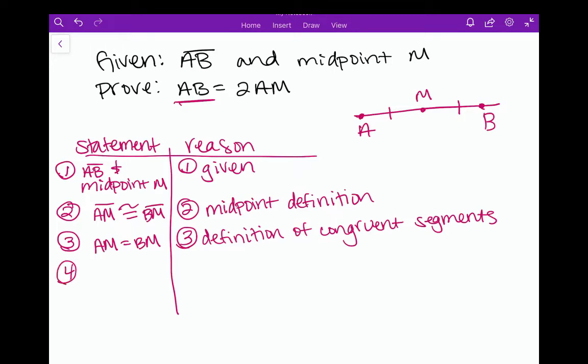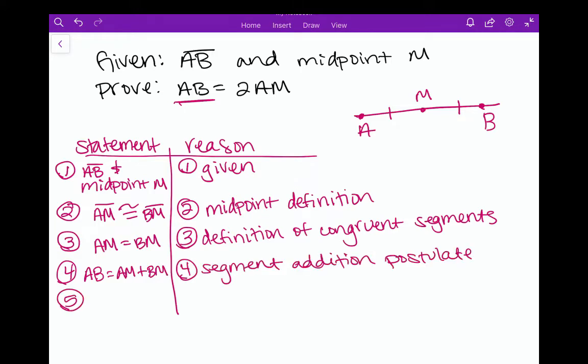Now, we also know that the distance of AB is equal to the distance of AM plus the distance of BM. That is the segment addition postulate. Now, if AM equals BM, then I can substitute one for the other. I'm trying to get that AB equals 2 times AM, which means I want to substitute this AM in for this BM here so that I can have 2 AMs.